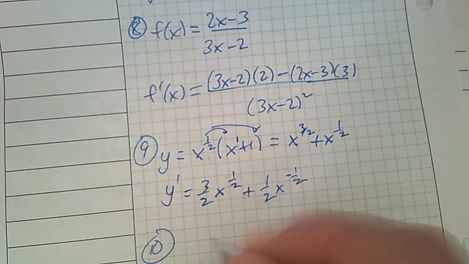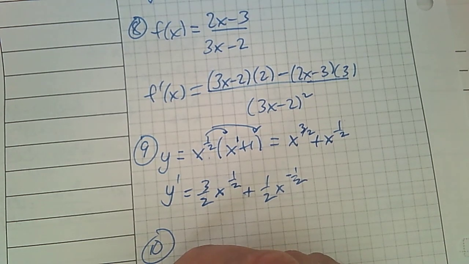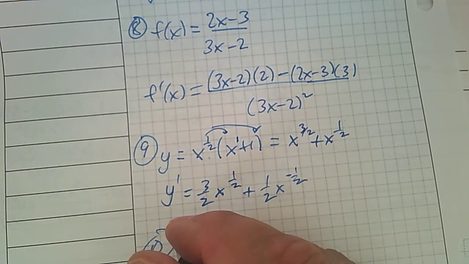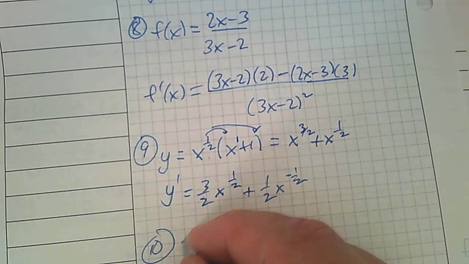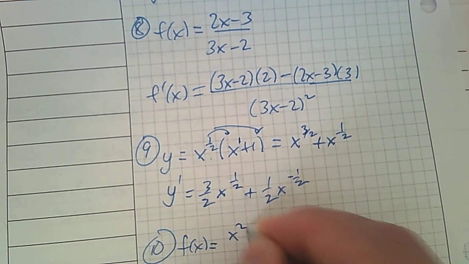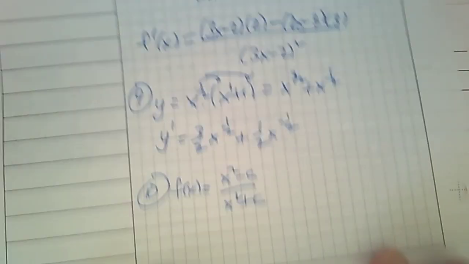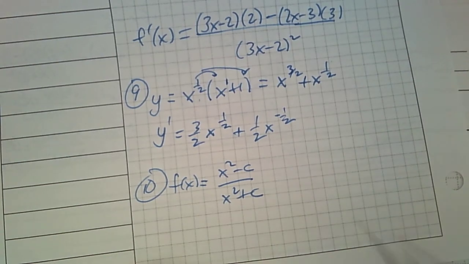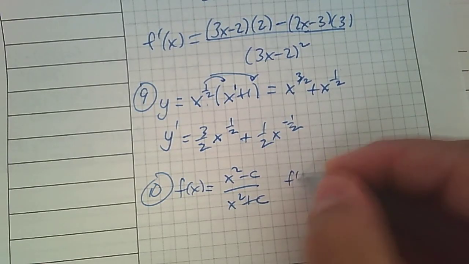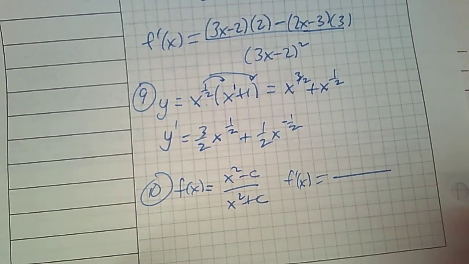Number 10. So for number 10, I see x squared minus c, and I see x squared plus c. And it says c is a constant, some number. I don't see any way algebraically to simplify this, so instead I'm just going to use the quotient rule.